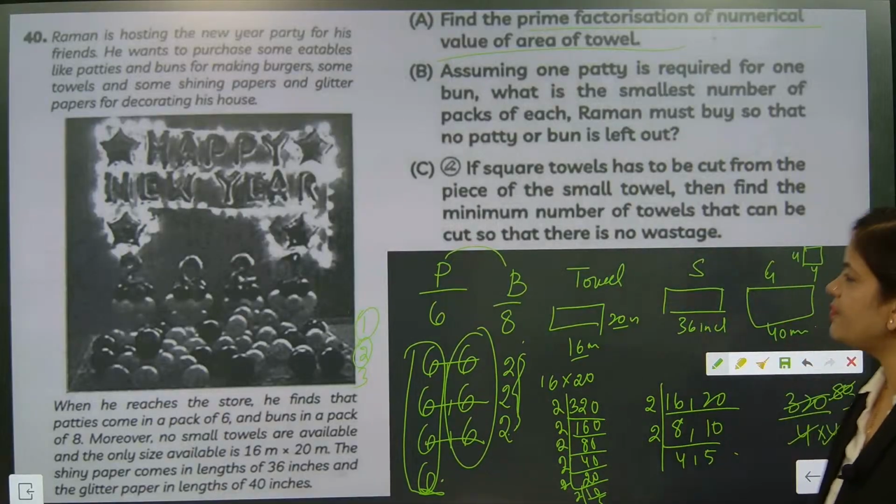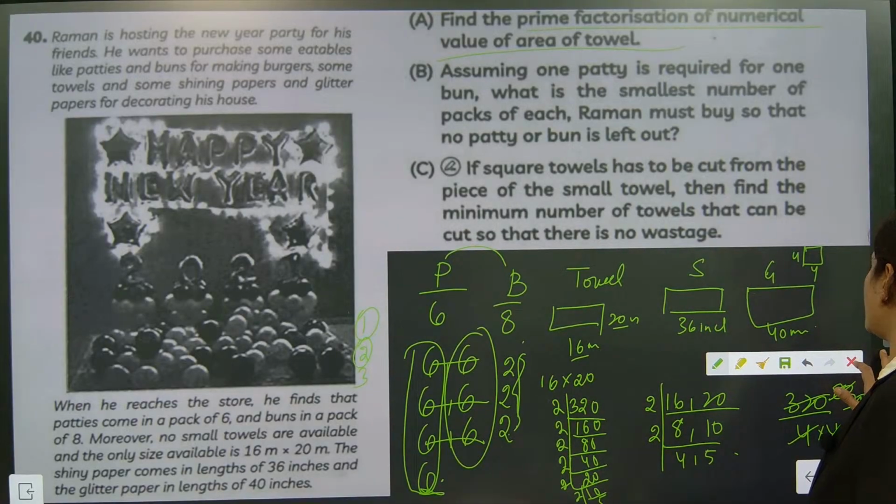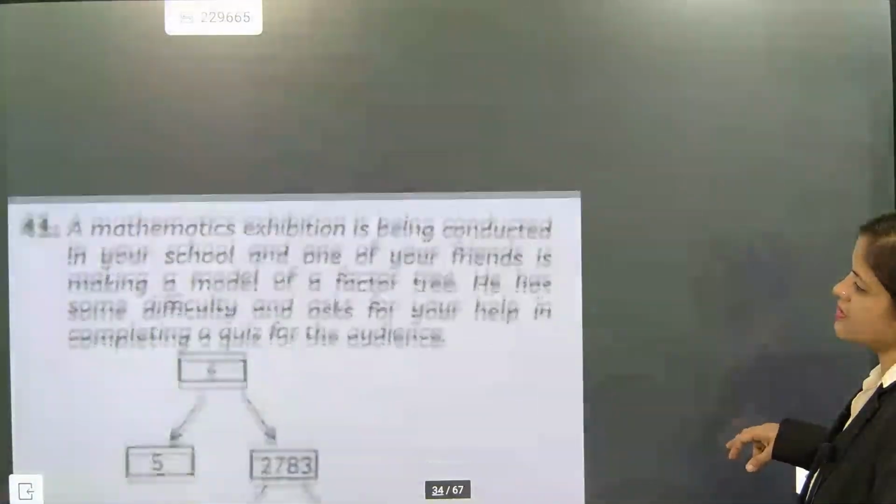Yes, 20 pieces will be there. 20 square pieces will be needed.